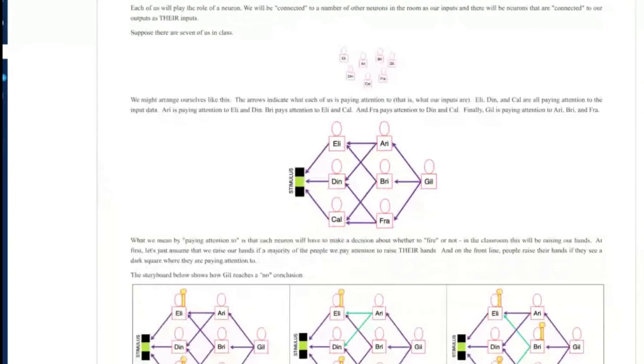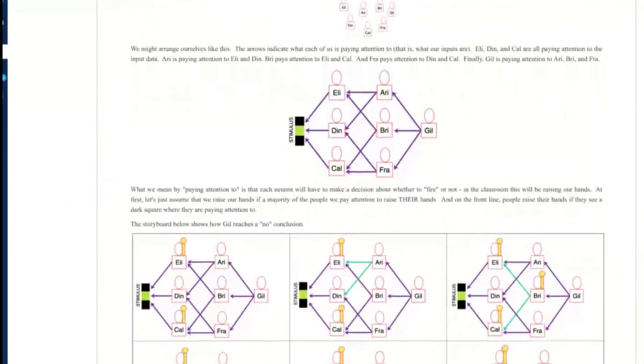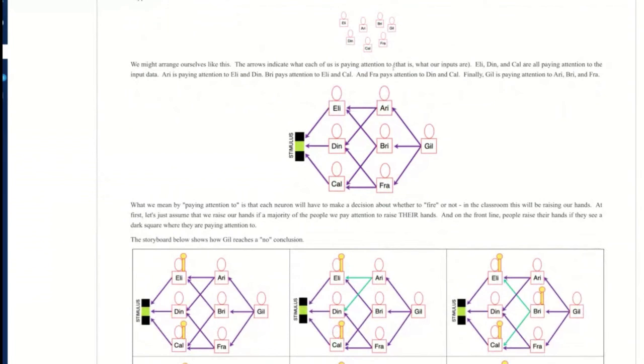So here's a picture of the classroom, what we would do. So let's imagine we've got these folks in the classroom, and here's the stimulus that I was talking about. And these are the people in the first row, and each of them is paying attention to one of these 3 pixels. And then the people in the second row, Ari is paying attention to Din and Eli.